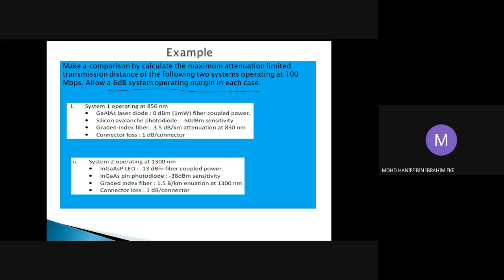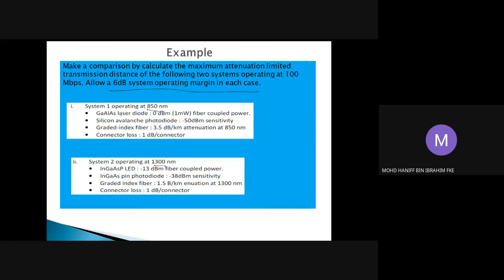Okay. So we are having two systems. The first system is operating at 850 nanometer. The second system is operating at 1300 nanometer, and it has its own transmitter and receiver. I also have the fiber optic type and the information about connector loss. The same applies for the second system.